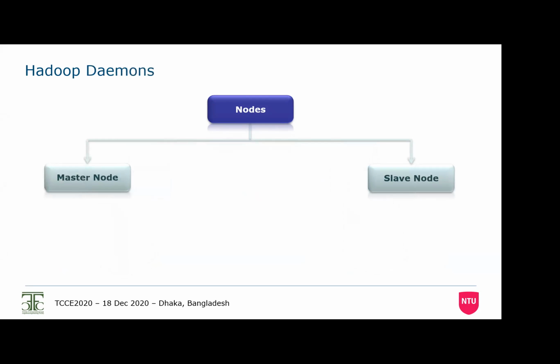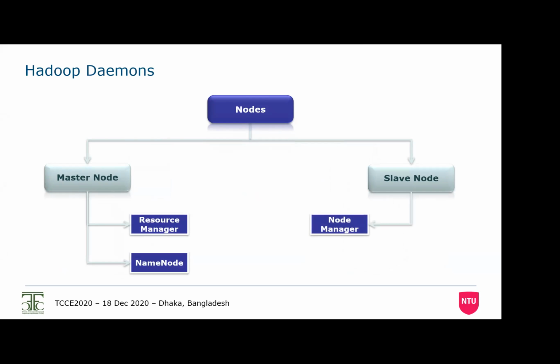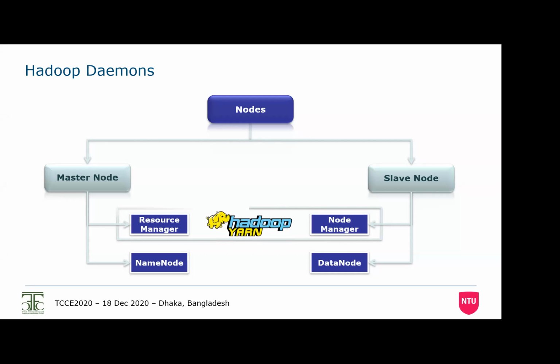So in the master node we have the resource manager and the name node, whereas in the slave node we have the node manager and the data node, where the real processing actually takes place. Now the resource manager and the node manager are handled by YARN, the resources, as we can understand, whereas the name node and the data node are handled by the Hadoop Distributed File System, because they are the ones which actually handle the data and eventually the processing.